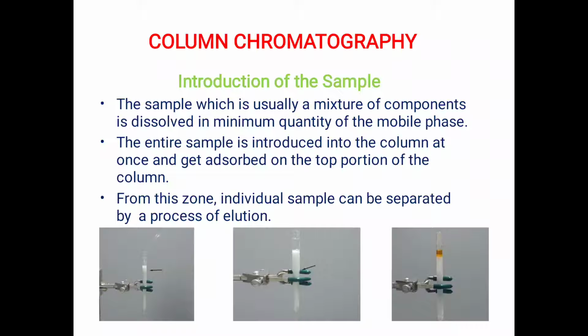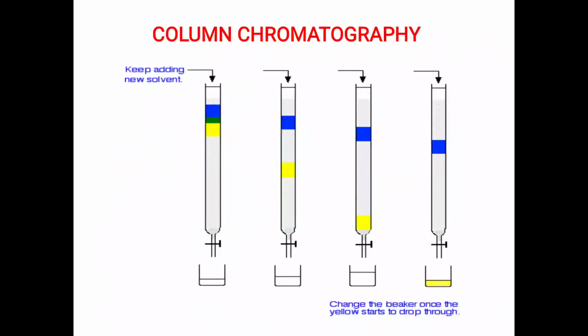This is again the diagram showing how the column is fixed on the stand, and here is the addition of the sample, that is the mixture to be separated, at the top of the column. This is the band formation.